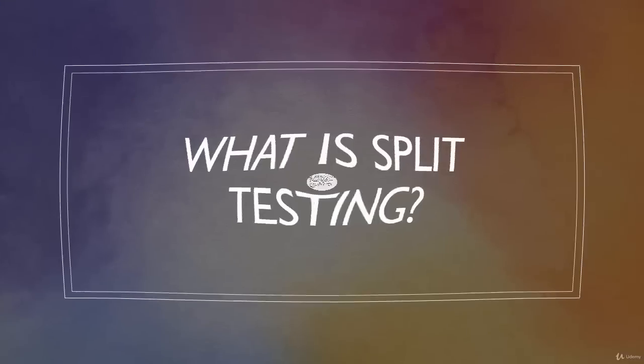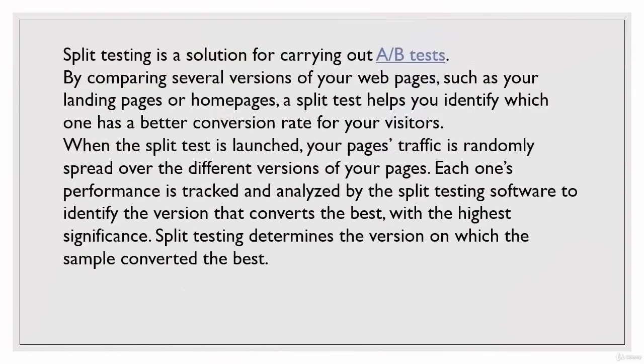What is split testing? Split testing is a solution for carrying out A/B tests. By comparing several versions of your web pages, such as your landing pages or home pages, a split test helps you identify which one has the better conversion rate for your visitors. When the split test is launched, your page's traffic is randomly spread over the different versions of your pages.